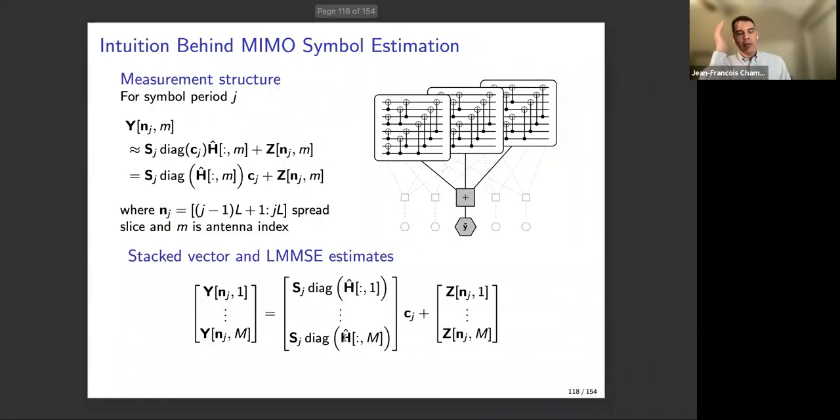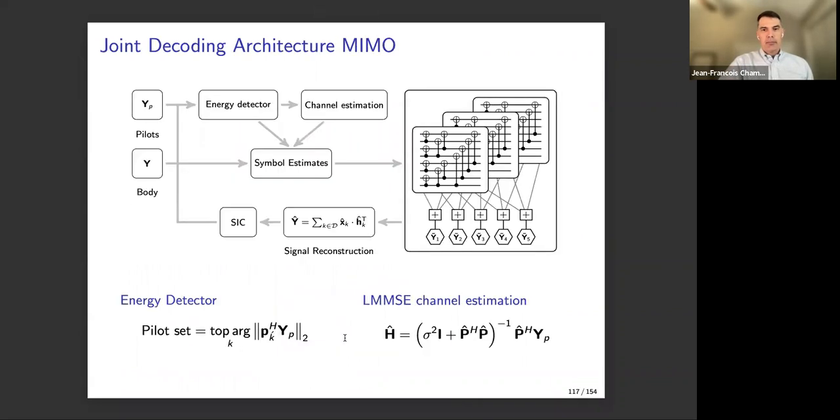There's a question, I believe. Yeah. On one of the previous slides, you're doing the energy detection with pilots, right? So are the pilots also supposed to have the low correlation structure and all that? Yeah, so the pilots are quite long, so they have a low correlation structure.